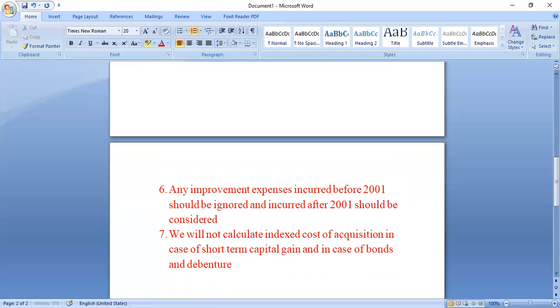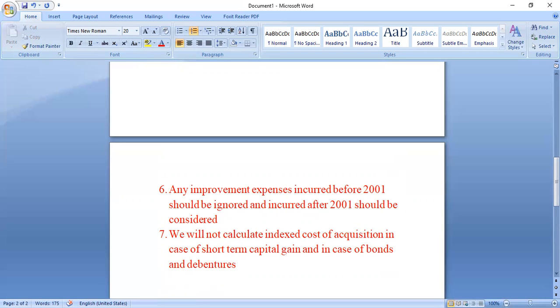Remember that indexed cost of acquisition is equal to cost of the asset into previous year index divided by index of purchase year.